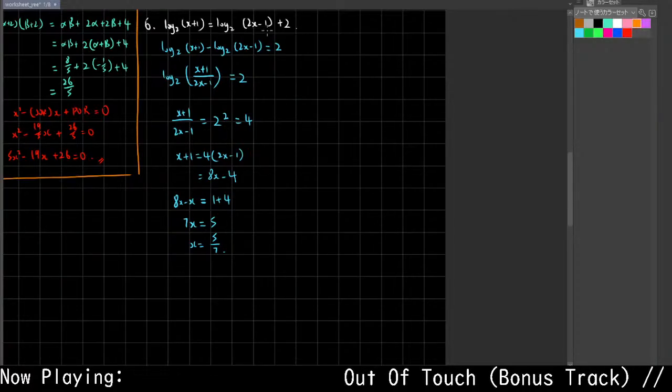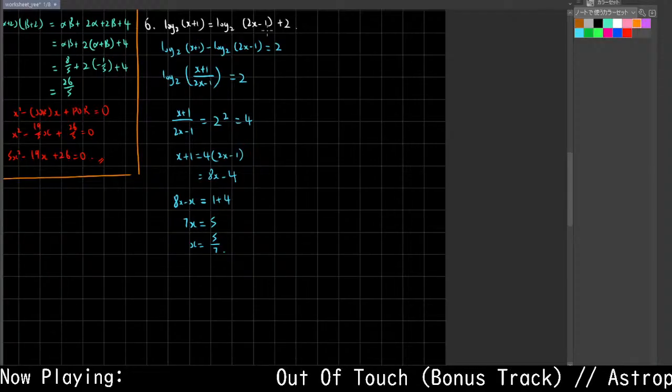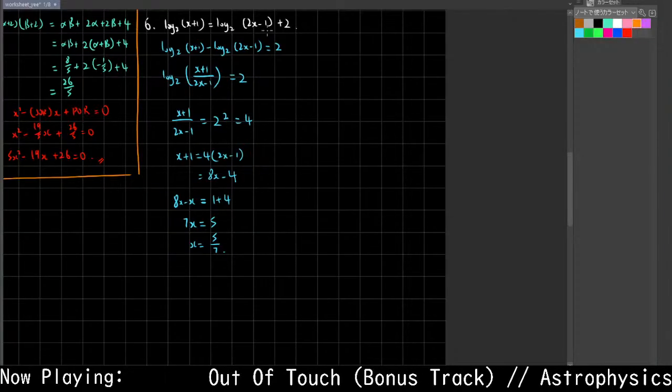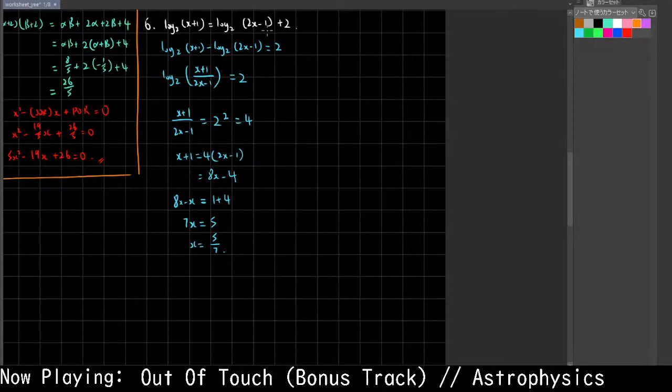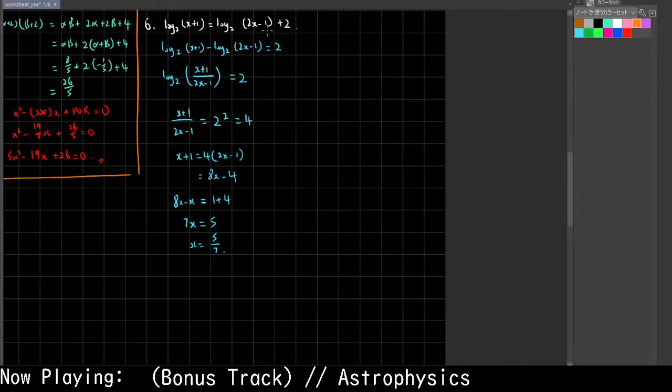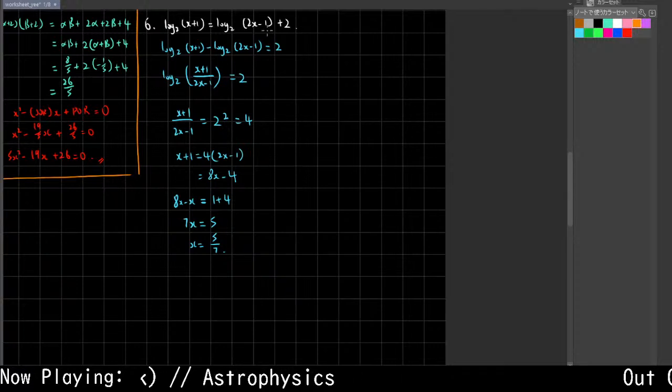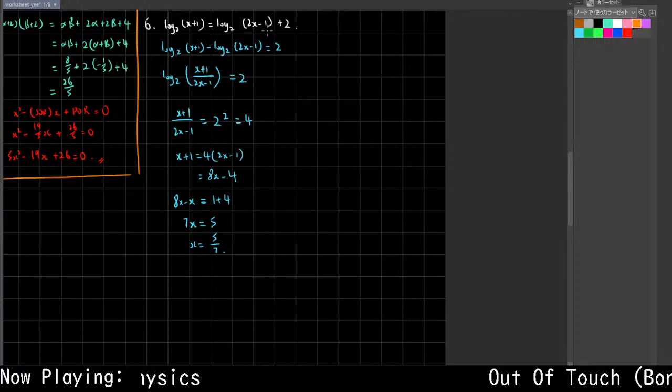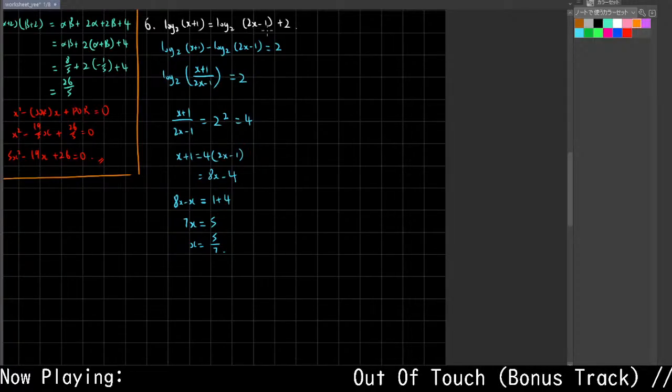If it's log base 2, that would be 12 over 7 by the way. If I put this back into the 2x minus 1 over there, I will get 3 over 7.